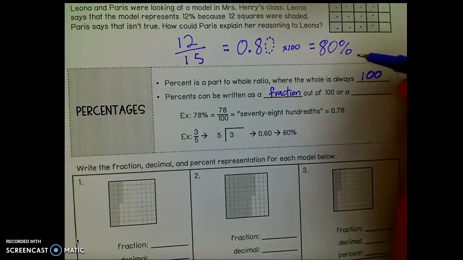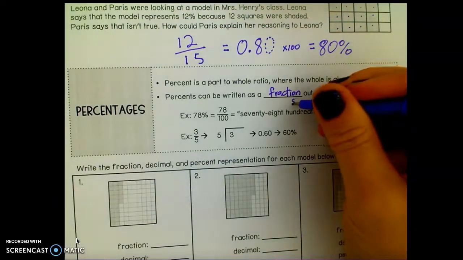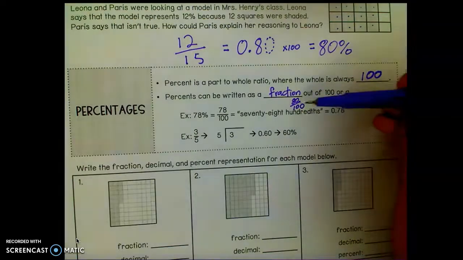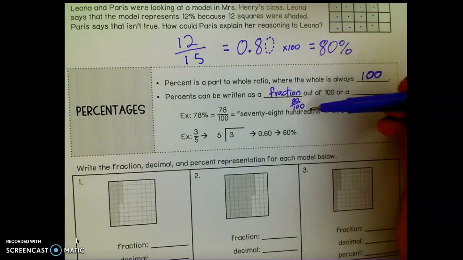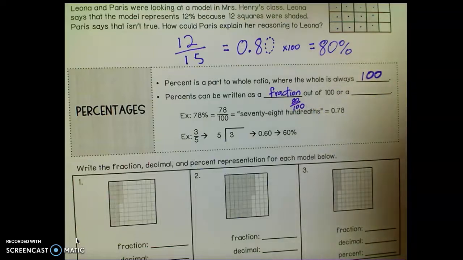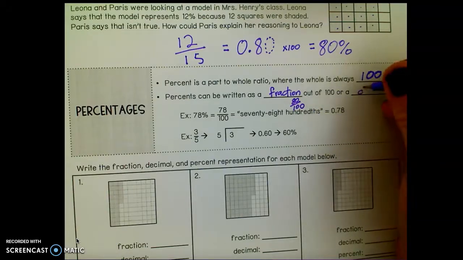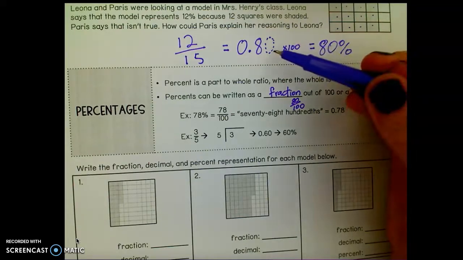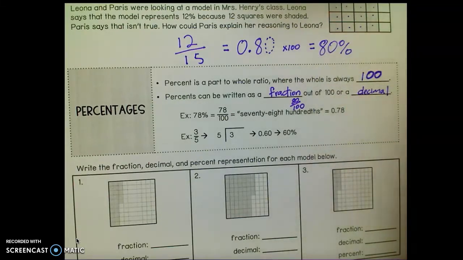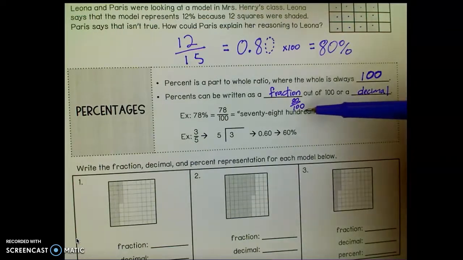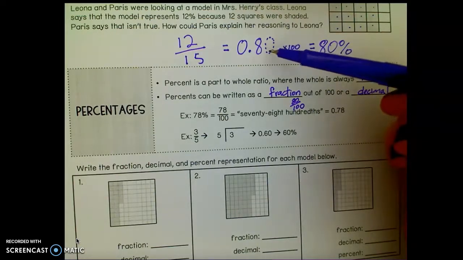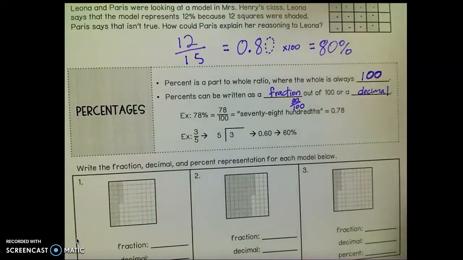For example, this 80% up here, I could write it as 80 over 100 because 100 is the total. Or you could write it as a decimal, just like we did right here, 0.8. These are all equivalent in terms of math. So however you write it, like a fraction, like a percent, like a decimal, it all means the same thing.